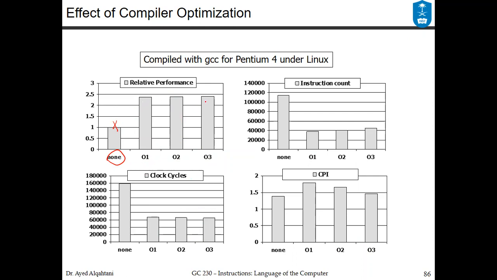And to my eyes, this is the highest performance, and you should get the third optimizer. Now, notice that this is true only for compiling this code with GCC. If you compiled another code with GCC, you might find other results. Maybe at that time, 1 is better than 3. So it depends on the code that you are running.